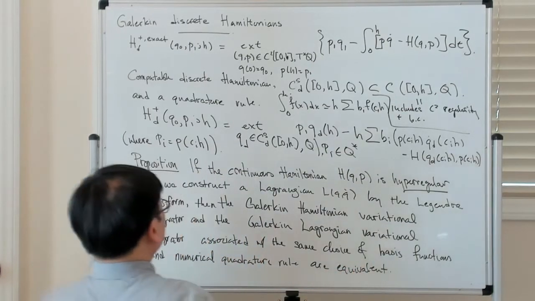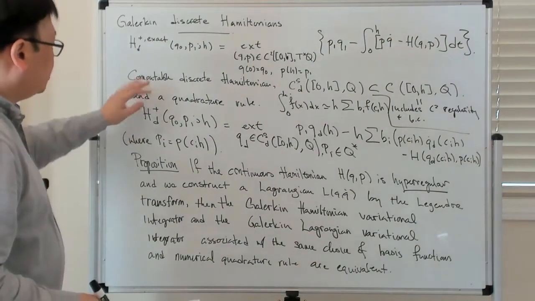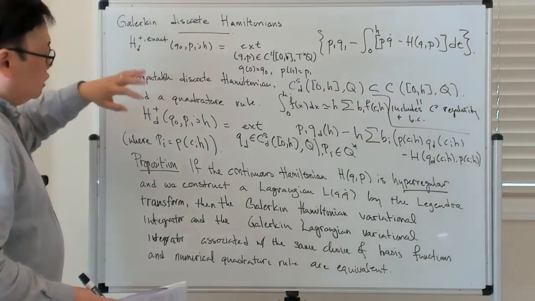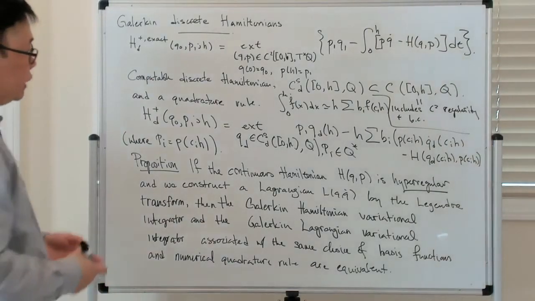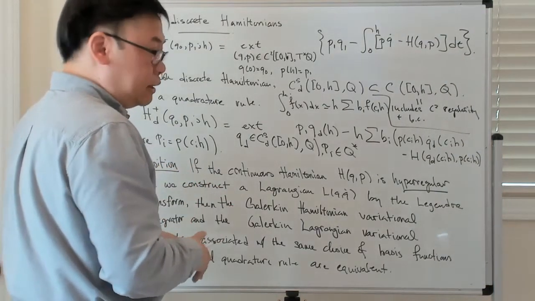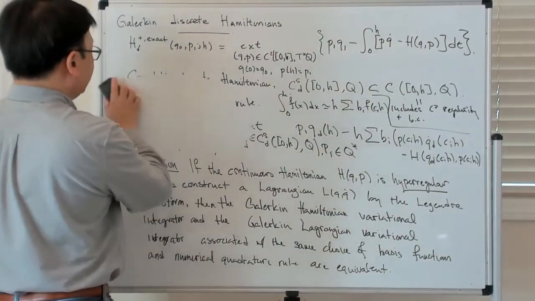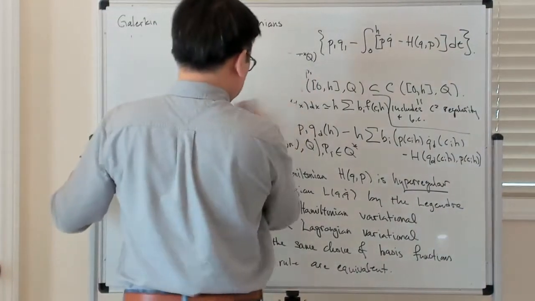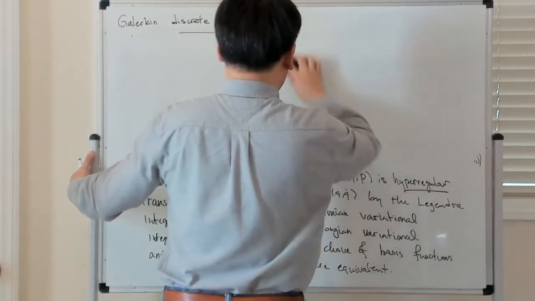What this is more or less saying is that if you choose this Galerkin construction for the discrete Hamiltonian, and the analogous thing on the Lagrangian side, then the diagram, which I will write down, commutes.